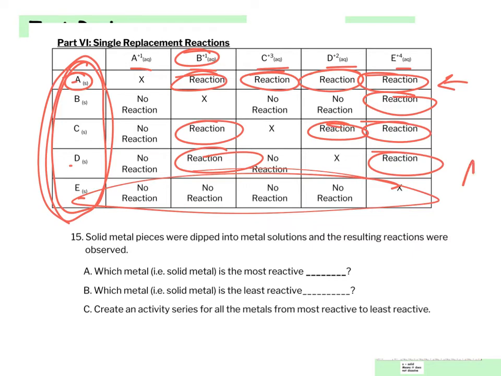So I'm going to put A on the top with 4 reactions, then C with 3 reactions, then D with 2 reactions, then B with 1 reaction, and then at the bottom E that had no reactions. So this is the activity series from these data, from the most reactive to the least reactive.